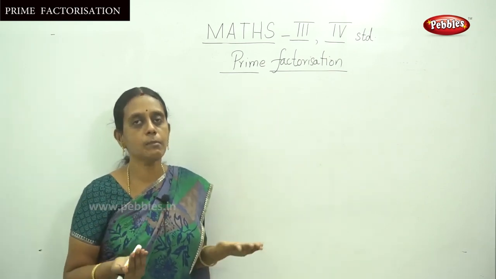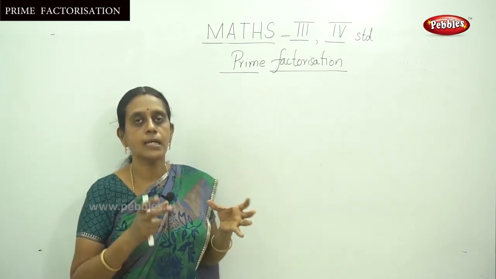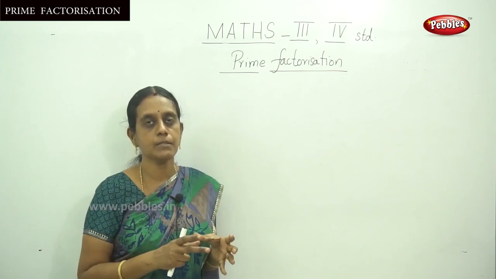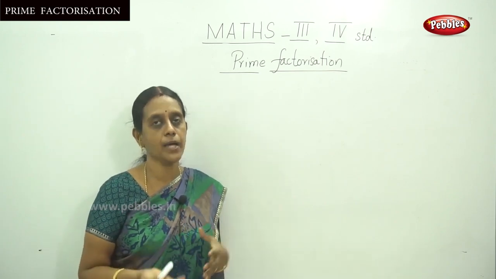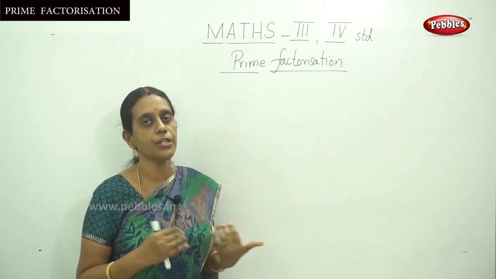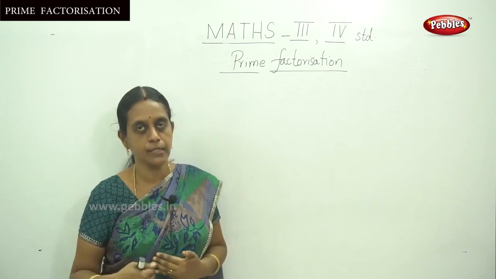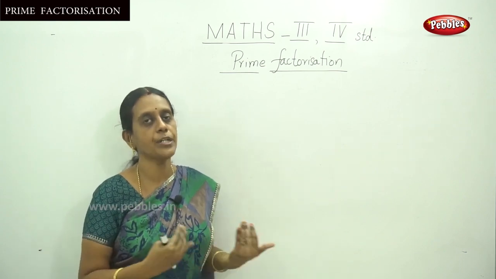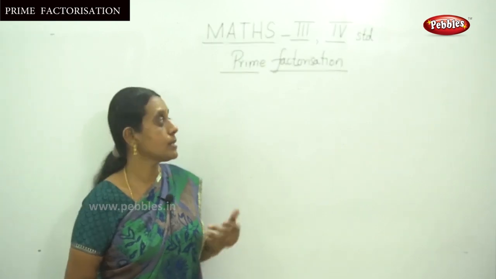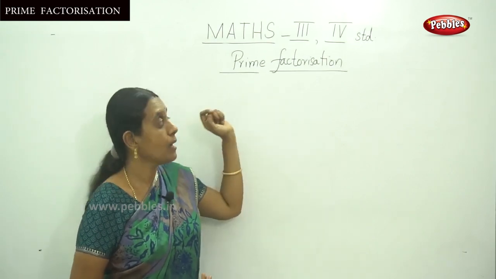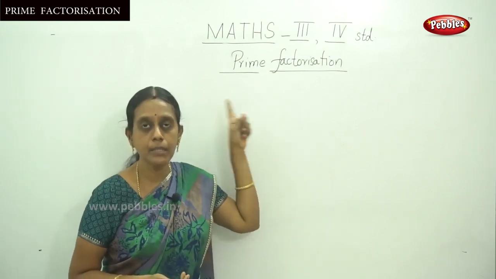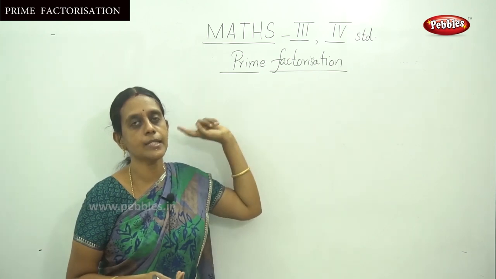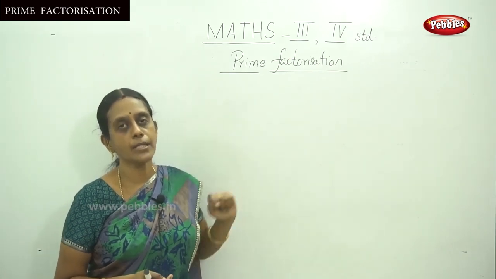For example, for 30, the factors are 6 into 5. For 20, it is 4 into 5. For 12, it is 4 into 3. This is the factorization method. Using only prime numbers for factorization is called prime factorization.